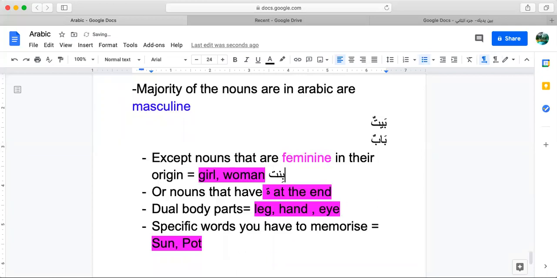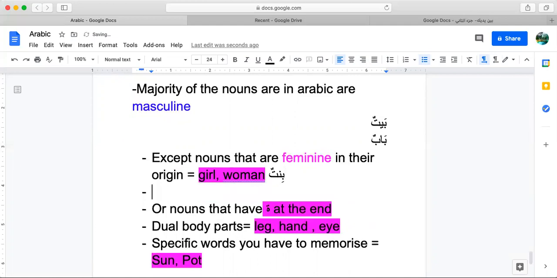Bintun is feminine. Okay. What about a woman? Imra'atun is feminine. So women and girls are feminine. That's pretty easy. Remember that these are feminine.